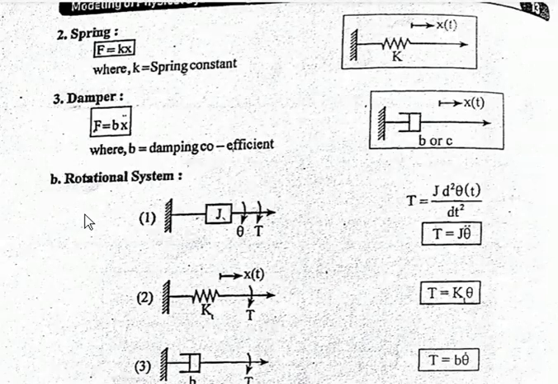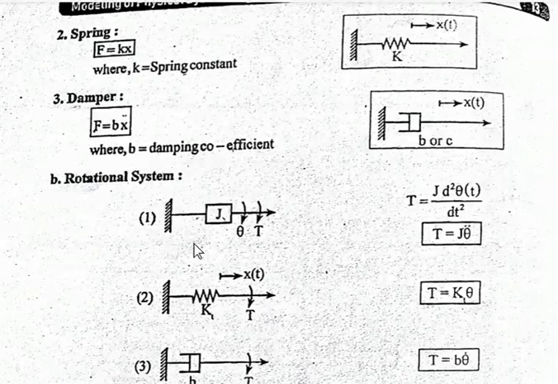Next, in the mechanical system, the next type of system is the rotational system. Here also we can take mass, spring and damper.